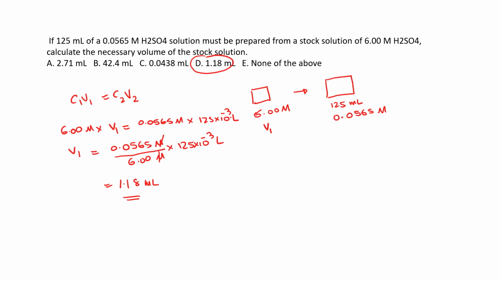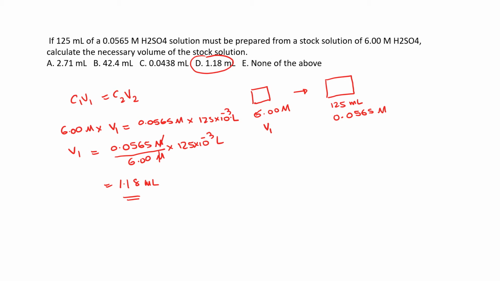If 125 mL of this much sulfuric acid solution must be prepared from a stock solution of this much sulfuric acid, calculate the necessary volume of the stock solution. Because this is the same solution and it's a dilution, you can use the equation C1V1 equals C2V2, and your C1 is your stock solution.